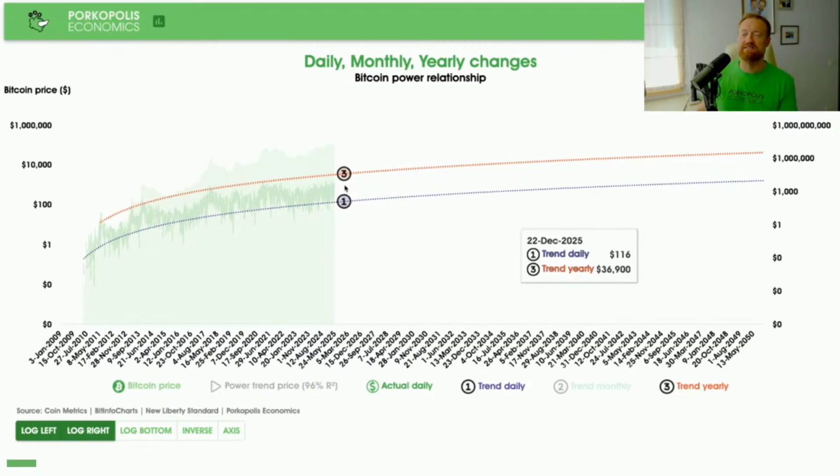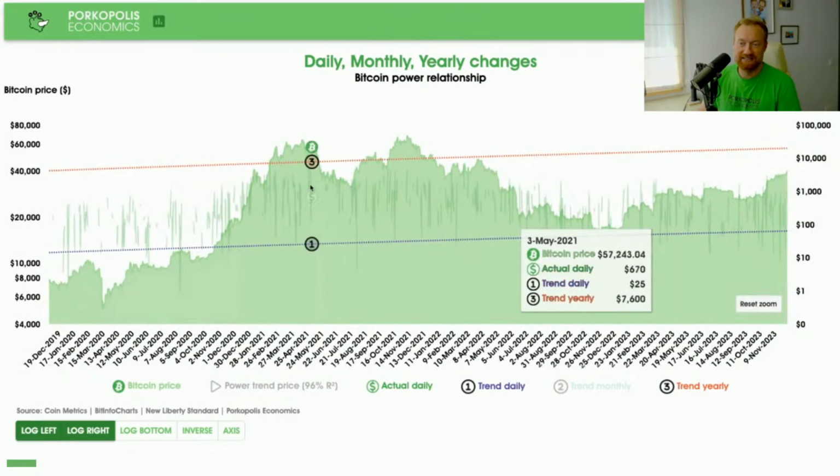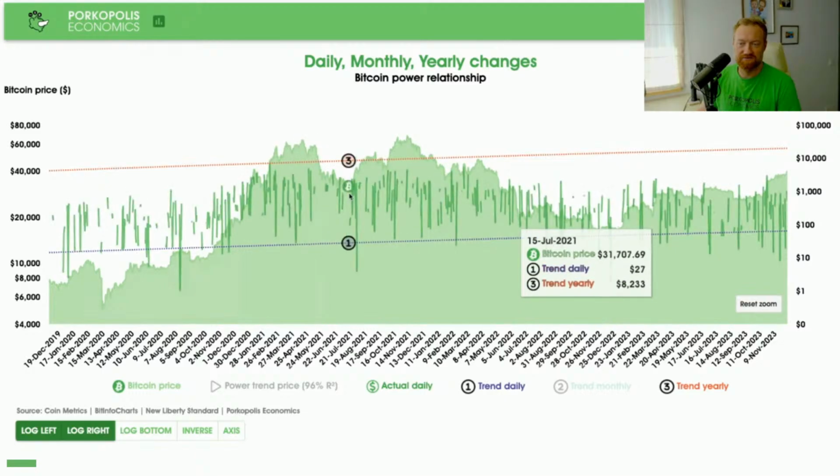That would mean that presumably at one point leading up to the end of this year or maybe into next year, the Bitcoin price is going to rise $35,000 in one day. That's what it's done, at least for one day in each of the prior cycles.